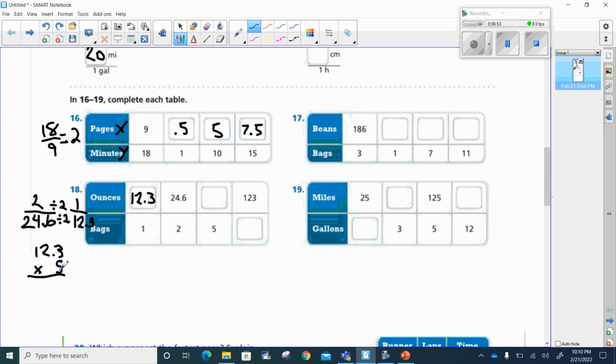We got 3 times 5, that's going to give us 15. Carry the 1. Got 2 times 5, that's 10 plus 1 makes 11. Carry the 1. And 5 times 1 is 5 plus 1 equals 6. And that decimal has to come down. Since we went over 1, we have to bring it over 1. That's going to give us 61.5.